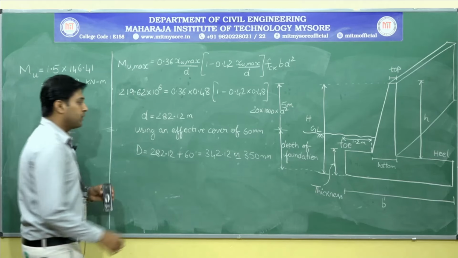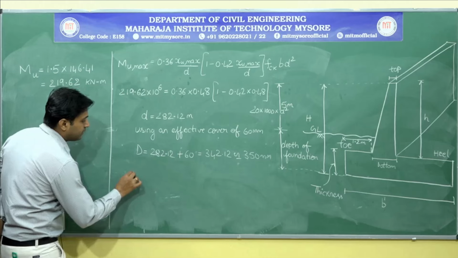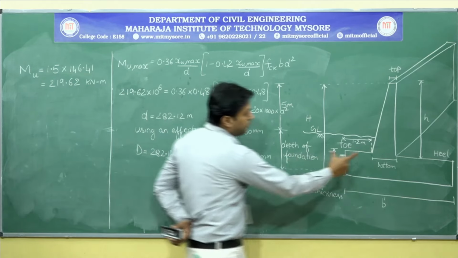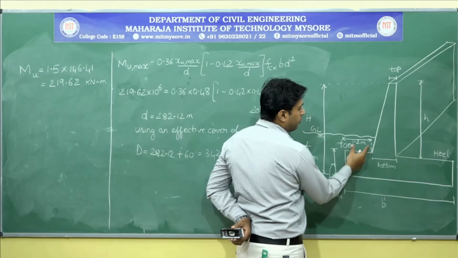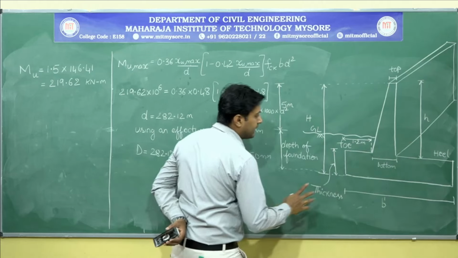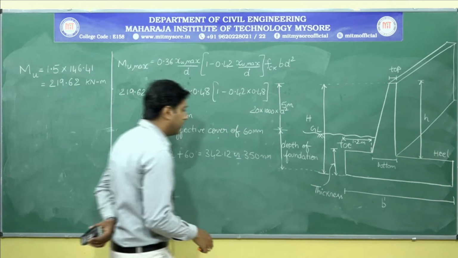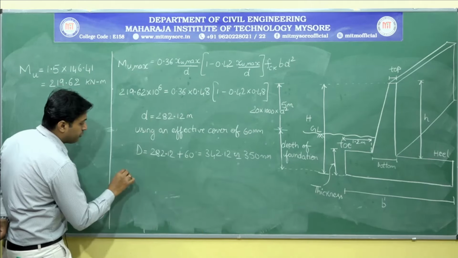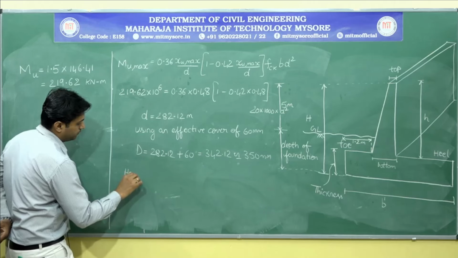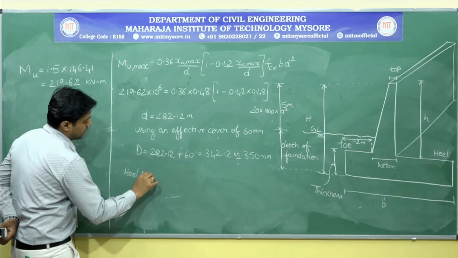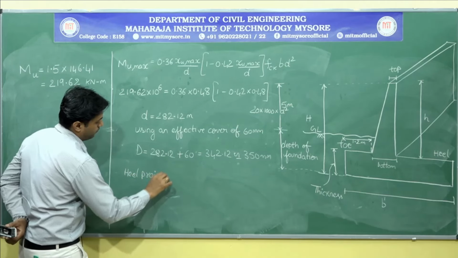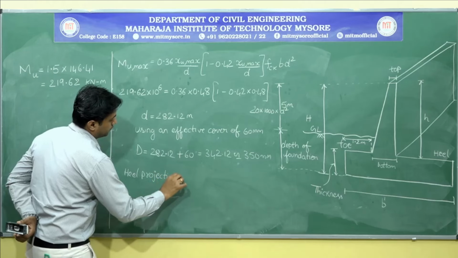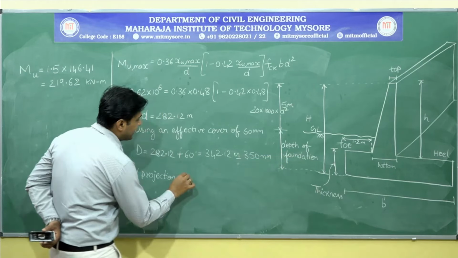Now, what is the heel projection that I need to take? Whenever you know the bottom stem thickness and the toe, 1.2 meter, I can easily calculate the heel. How? Because I know the total width, B dash.